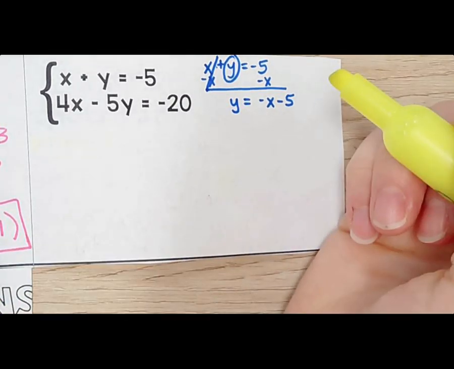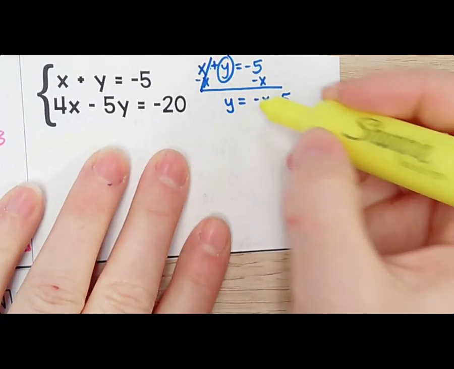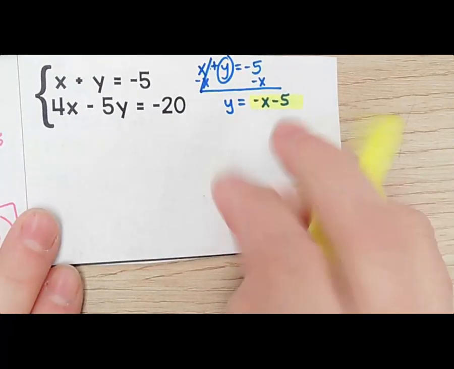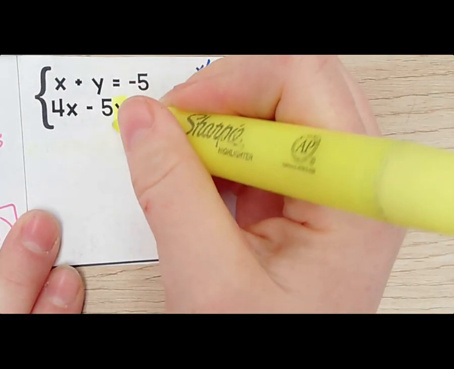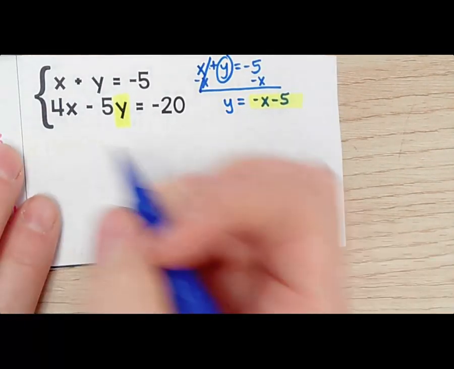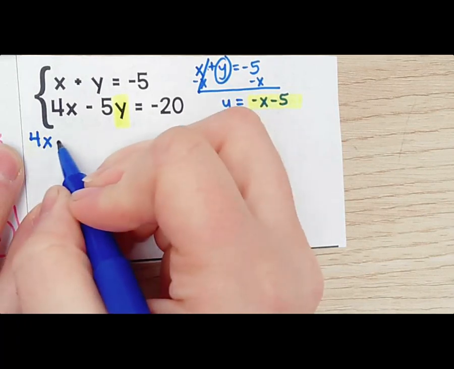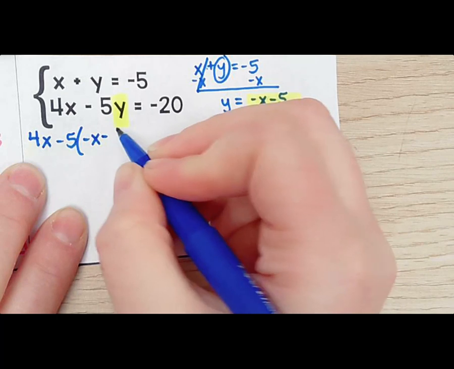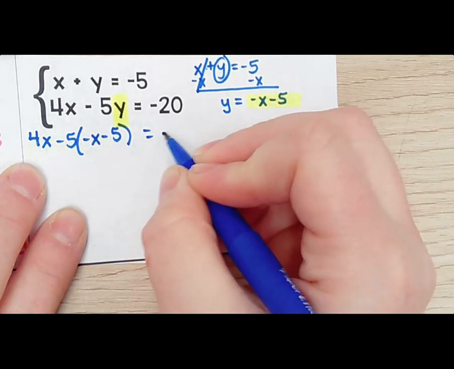So we need to plug in this for what variable? For y, because we have a y equals. So this is going to plug in right here. So we're going to do 4x minus 5 times -x minus 5 equals -20.